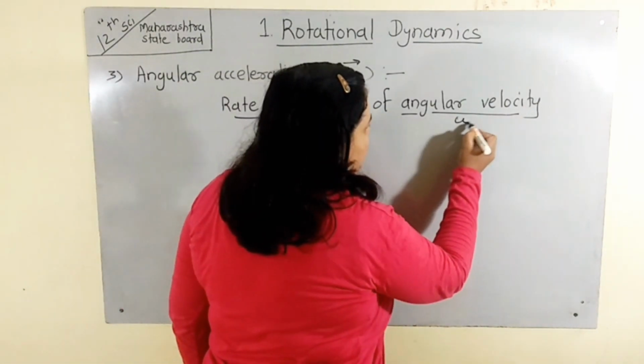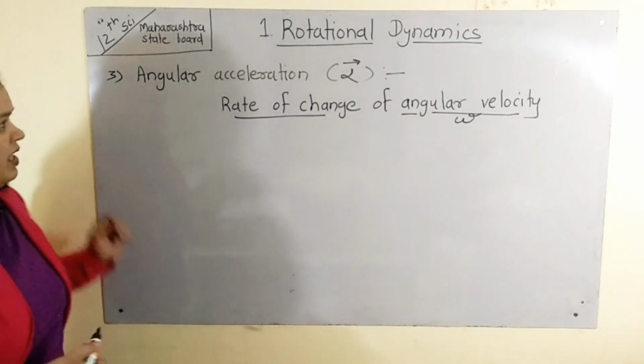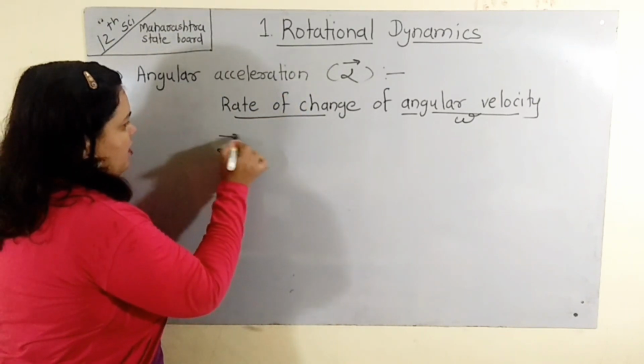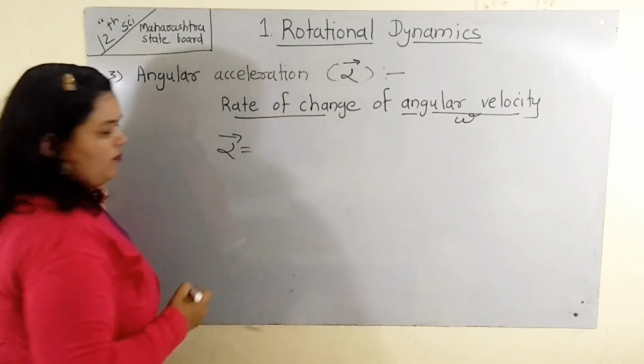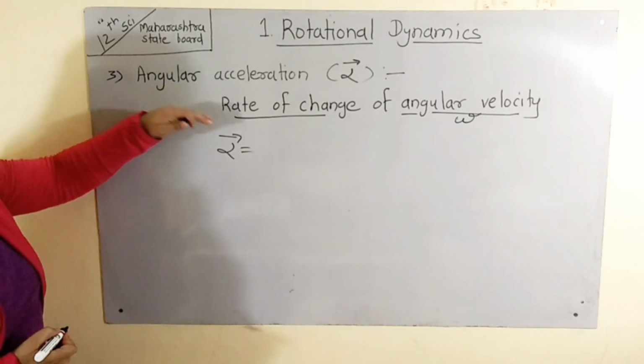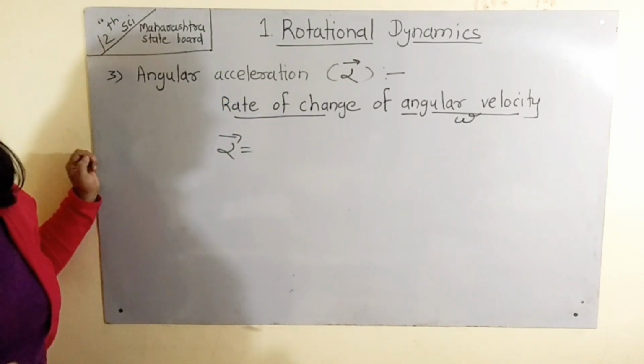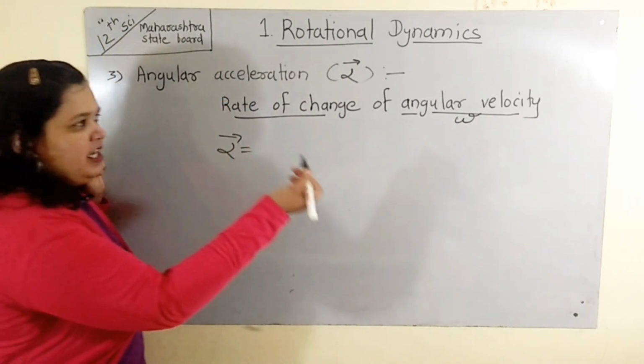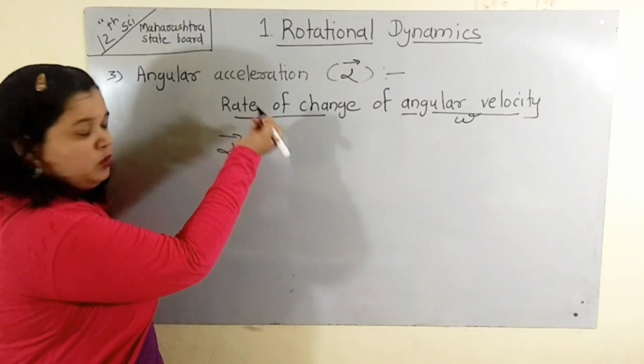Angular velocity is denoted by omega. If we consider vector alpha, then the formula for it, we know that it is the rate of change of angular velocity, that is, change in angular velocity with respect to time.